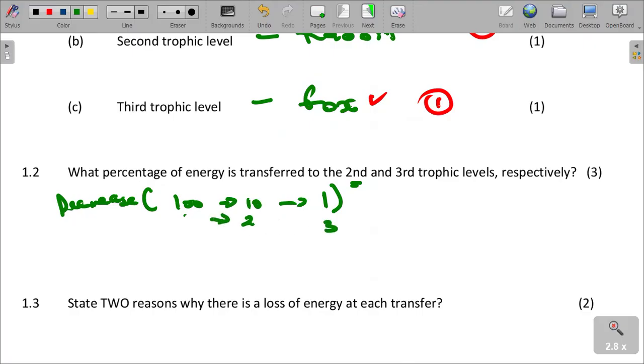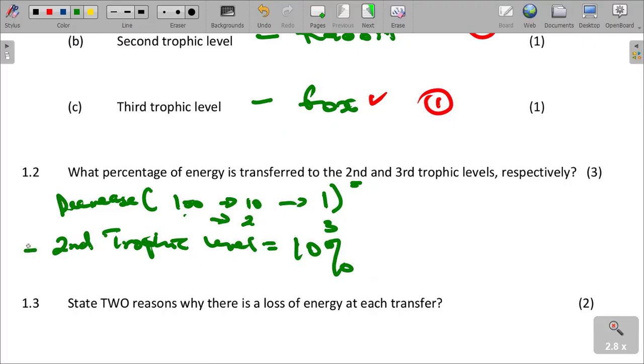So what we can see is that at the second trophic level we have 10%. 10% is being transferred. That's what we are seeing there.